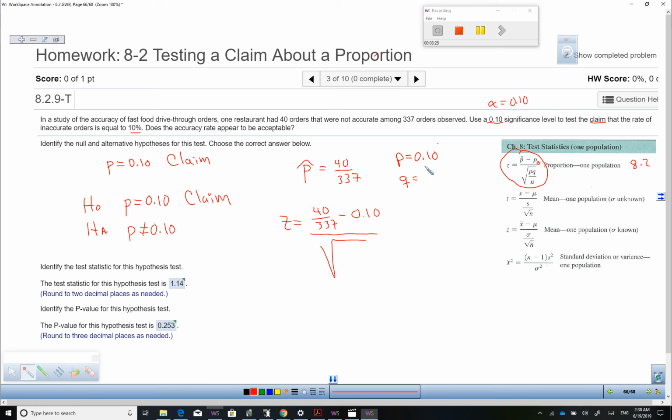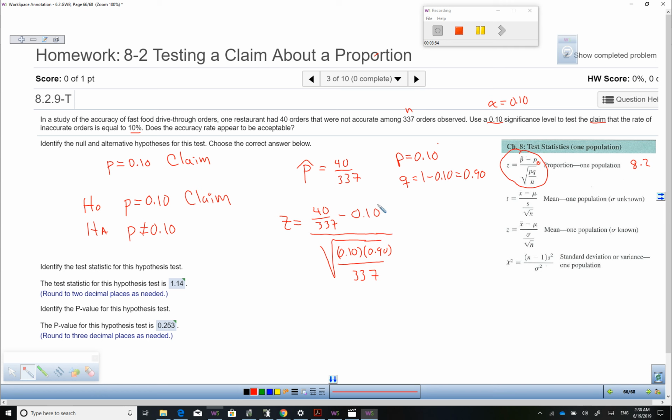By complement I mean you take it away from 1, so that will be 0.90. So you have 0.10 times 0.90, all this divided by the sample size. The sample size is 337. Okay, so that's how you find the test statistic by hand.